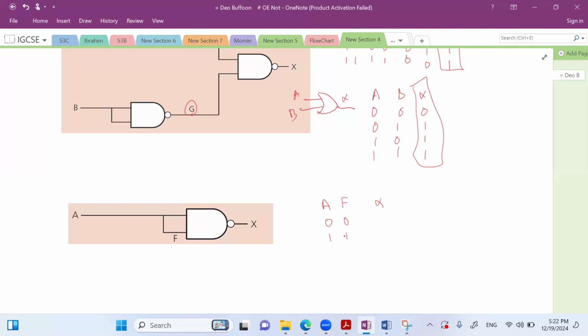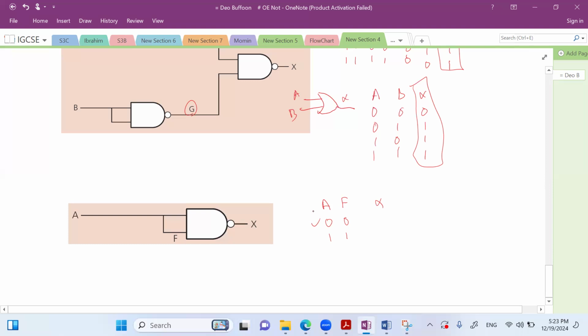No, we can either send 0 or 1, right? Either 0 or 1.